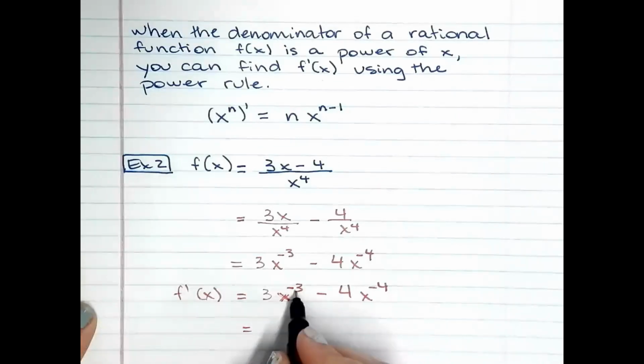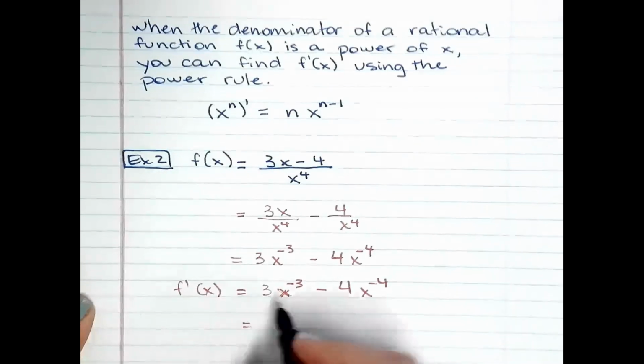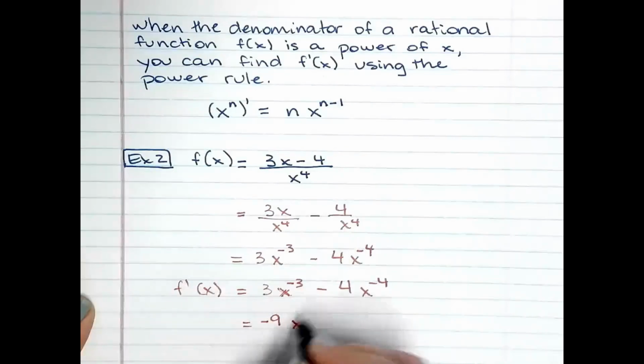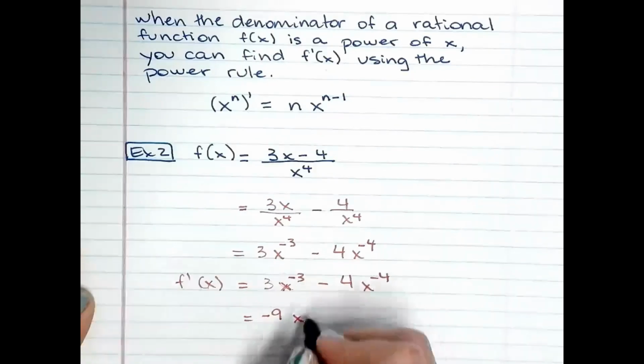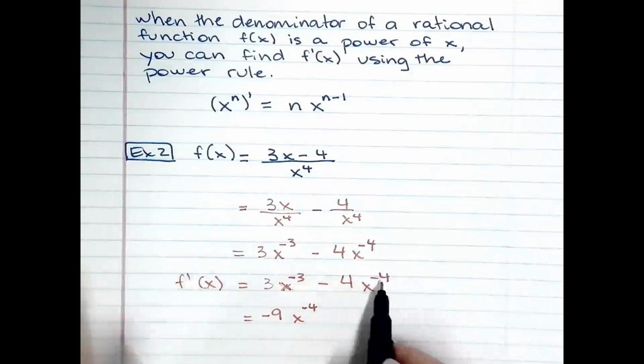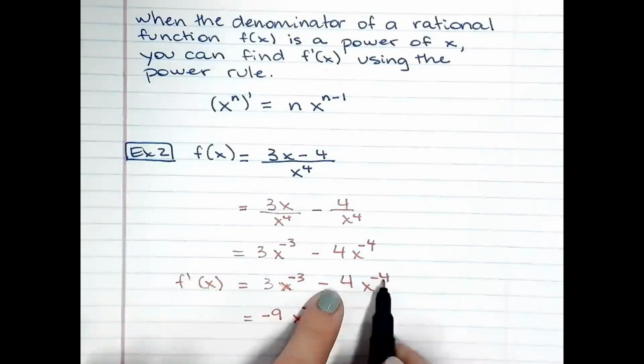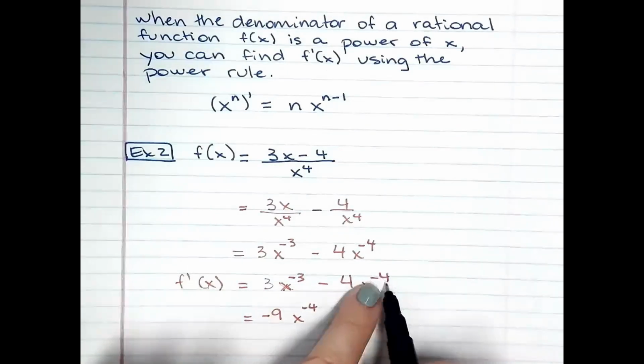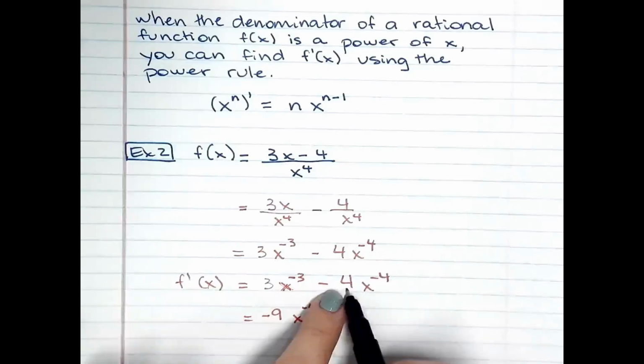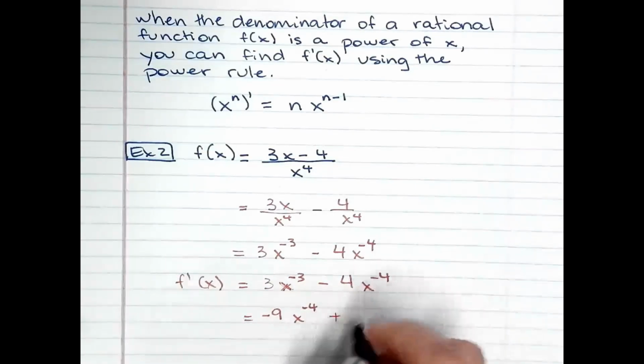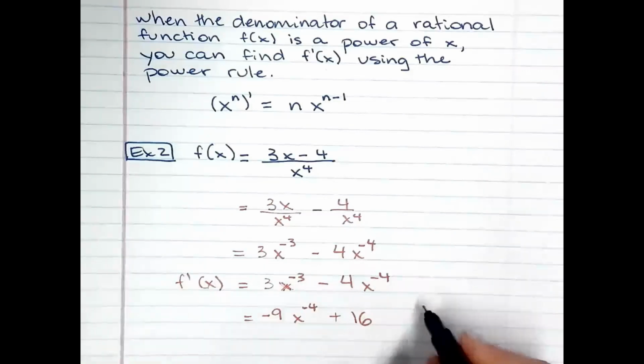So the negative 3 goes in the front, multiplying the 3. So negative 9. Take away 1 from the exponent, that gives you negative 4. So I have negative 4 multiplying, well, this negative 4 in the exponent goes in the front, multiplying the negative 4, giving you 16.